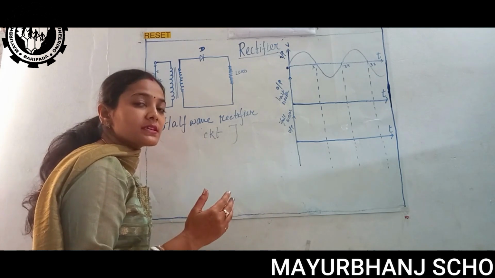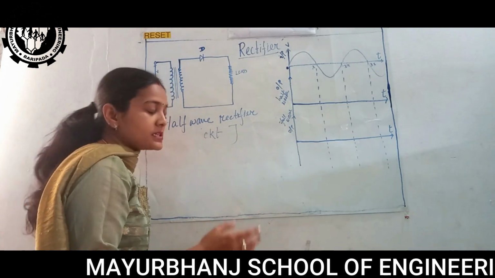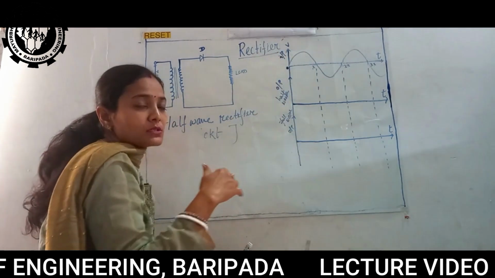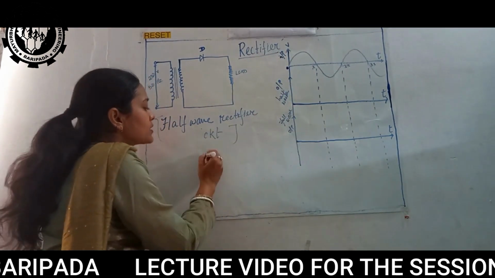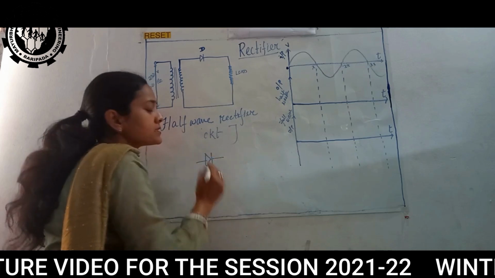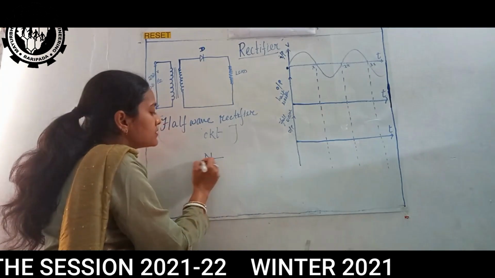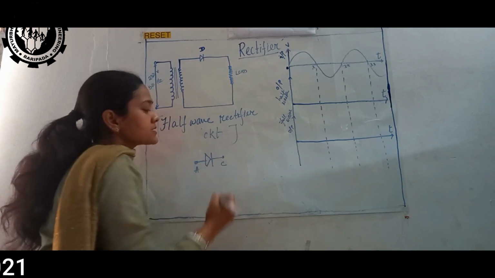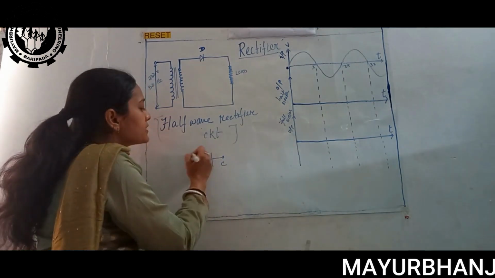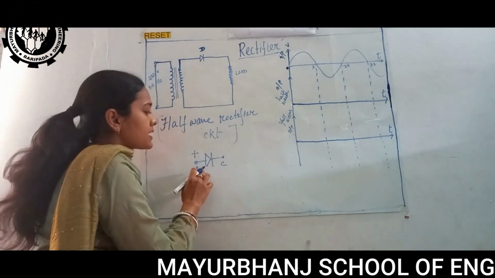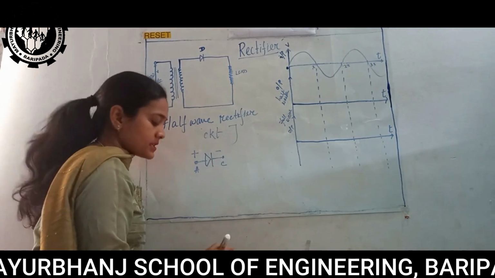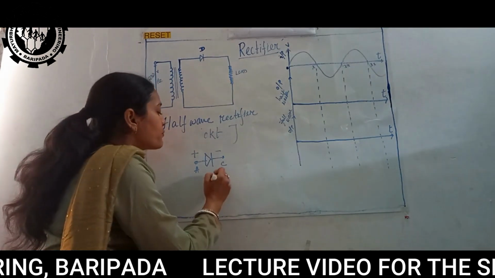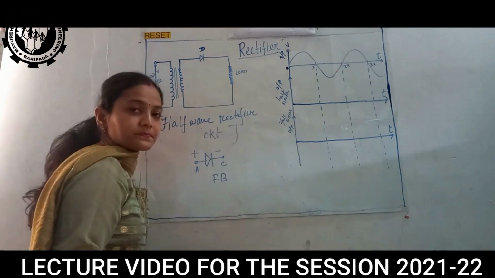In words of biasing, only one half is forward biased and the other half is reverse biased. I have discussed biasing in the previous class. In a diode, if this terminal is the anode and this is the cathode, then if I give a positive pulse to the anode and a negative pulse to the cathode side, it is said to be forward biased.